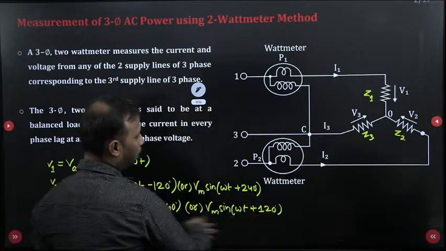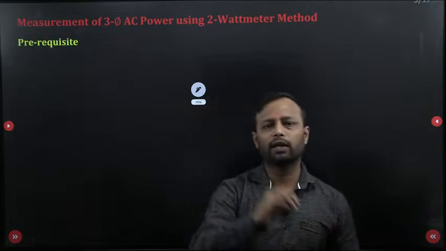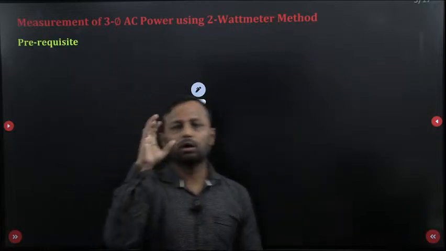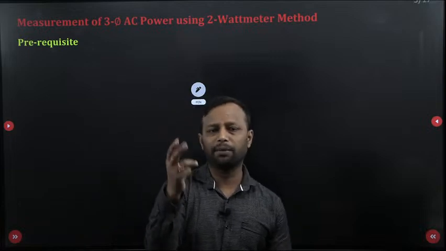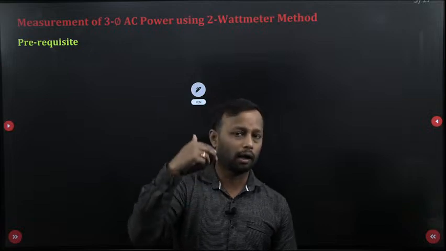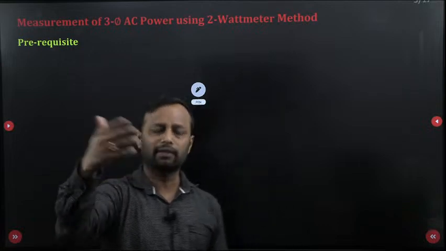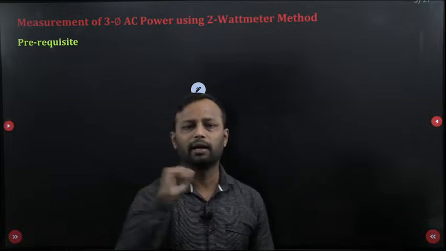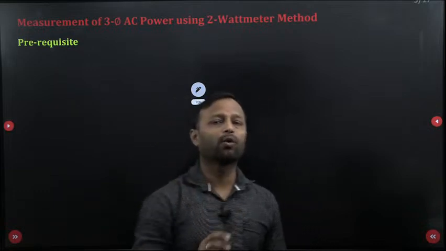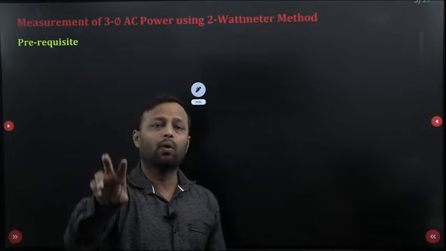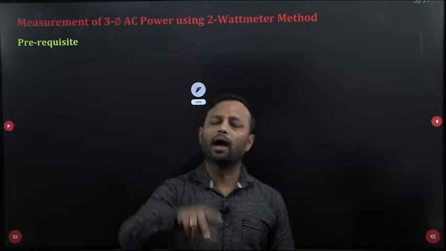See, for this kind of thing, one prerequisite is required, and what is that? Your 3-phase connection can be done in 2 manners. Either the source and the load can be connected in a star, or they can be connected in a delta. Whatever result we are going to get is equally valid for the delta as well as for the star.